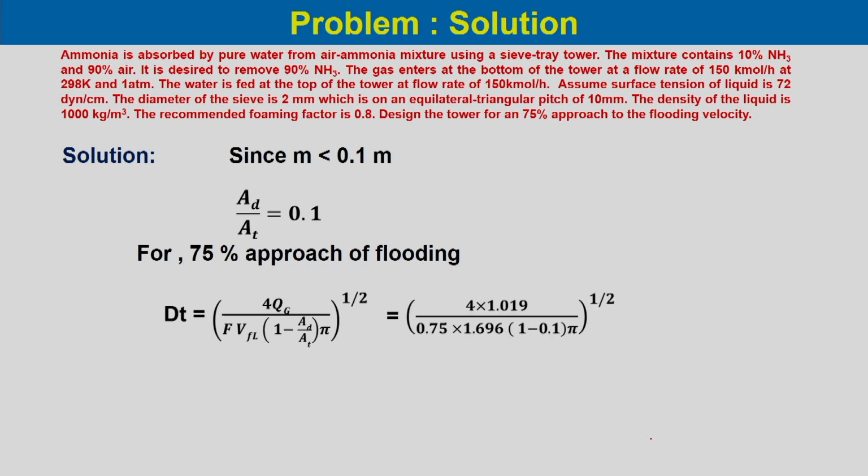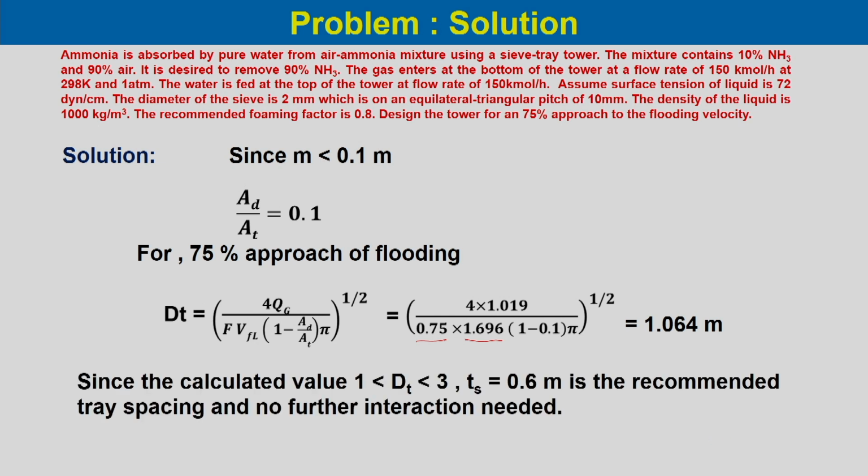If we substitute the values, 4 into 1.019 divided by 0.75 into 1.696 into 1 minus 0.1 into pi to the power half, then we get the value of dt around 1.064 meter.